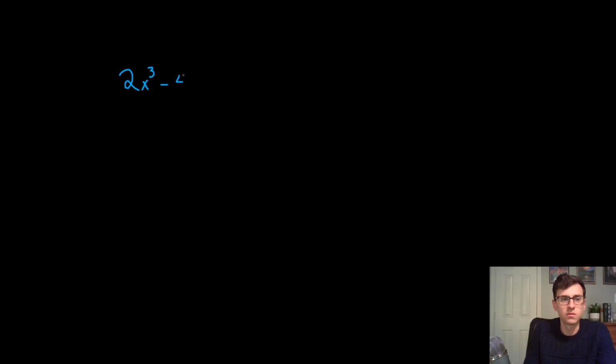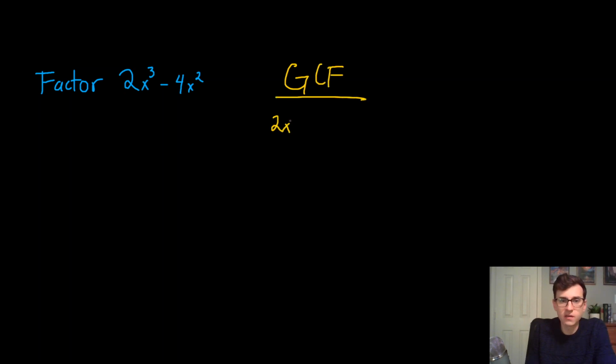And I want you to factor this, right? Factor 2x cubed minus 4x squared. How could you do that? Well, I need to find the greatest common factor between 2x cubed and 4x squared.